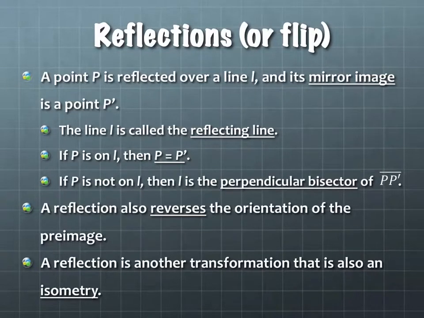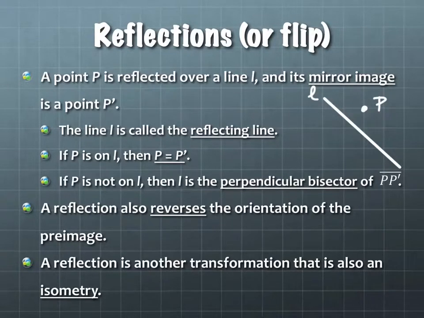Let me actually draw a line with a reflection point so that I can talk about the perpendicular thing that this references. So let's say, for instance, that this is your line L. And our point P is right here.